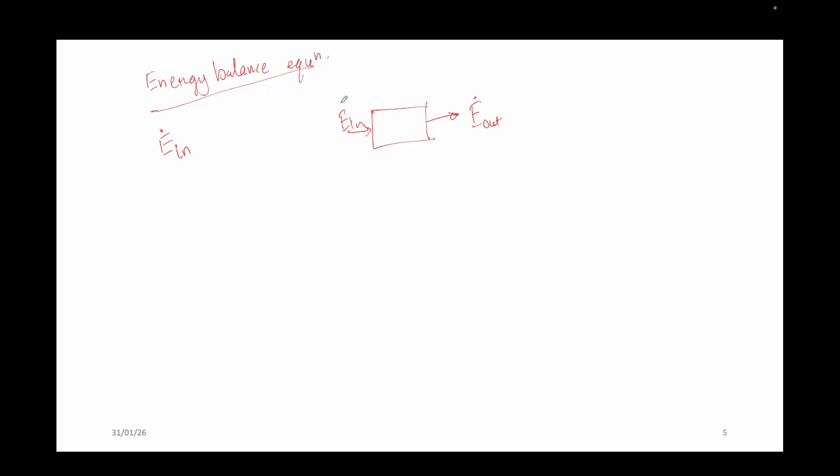So energy in minus energy out, this is the rate. This dot indicates rate. What is rate? Rate here represents the change in energy with respect to time. Say the system is also generating some energy, so I denote it as energy generation.